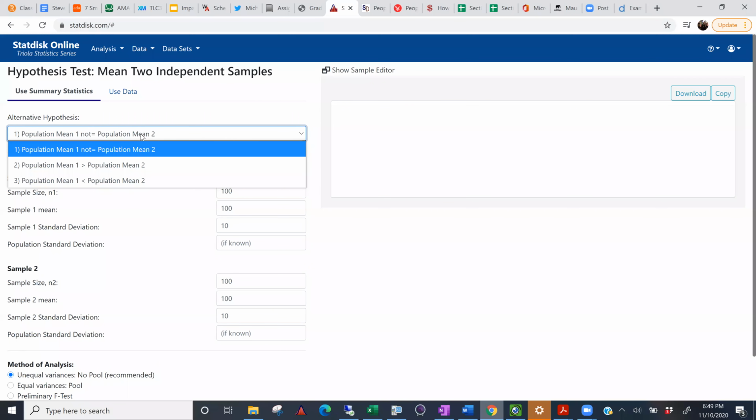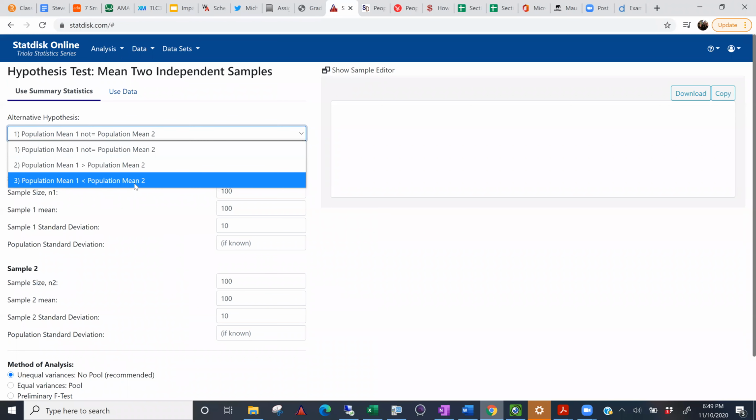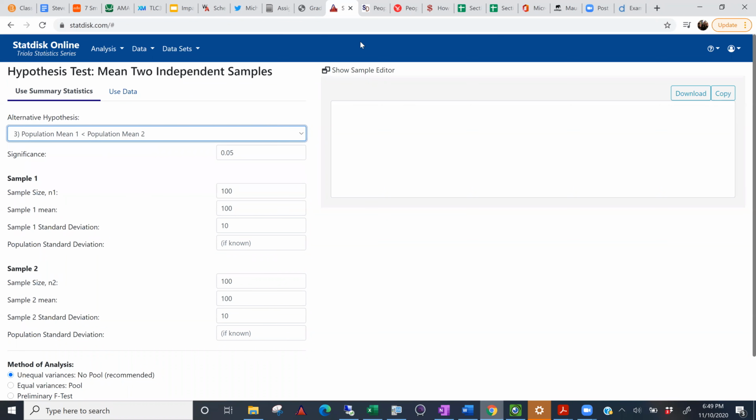So less than, let's put that down here at number 3. And then our significance level, need to dial that down a little bit. That's going to be 0.01. Sample size 1 was 30. And the mean there was 0.783.